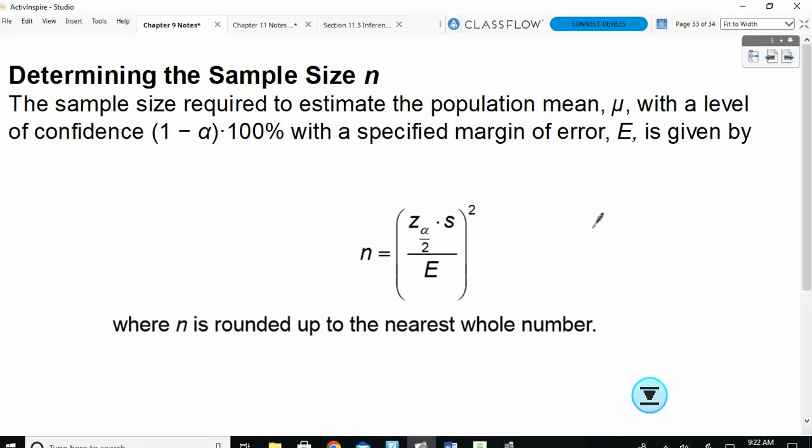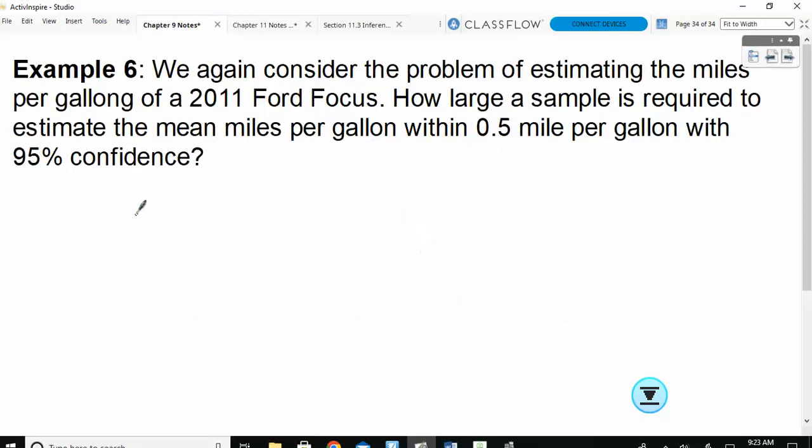Under sample size, the first bullet was for the population proportion. The second bullet here is for the population mean. So the number required, this one does deal with the Z, not a T: Z alpha over 2 times standard deviation divided by the error, squared. So we'll try that with one of these and then I'm done.